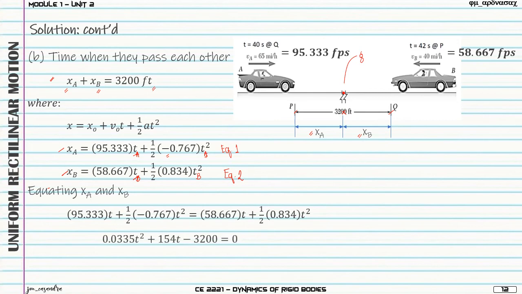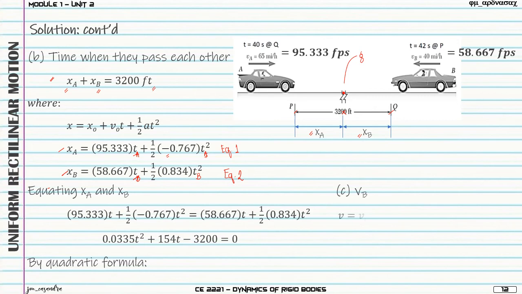So with that, we'll now arrive at a quadratic equation. So we can solve now for the time by quadratic formula. And that will give us now a value of 20.86 seconds.